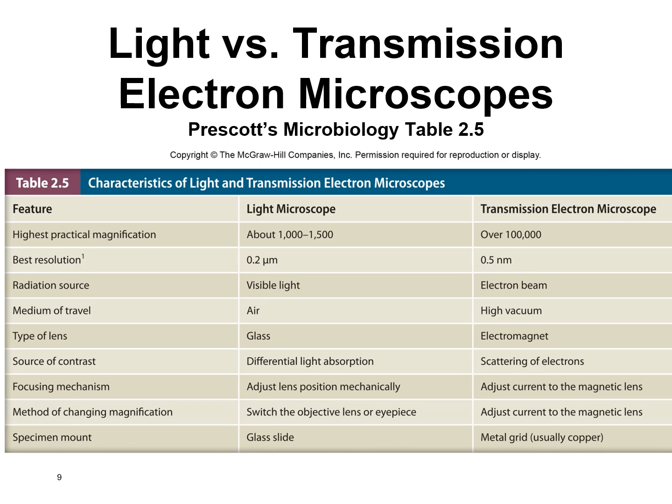And this is just a comparison between the light microscopes and the transmission electron microscopes. All you need to study on this table is just what we've talked about. So the magnification on the light microscopes, we can only go up to about 1000x.